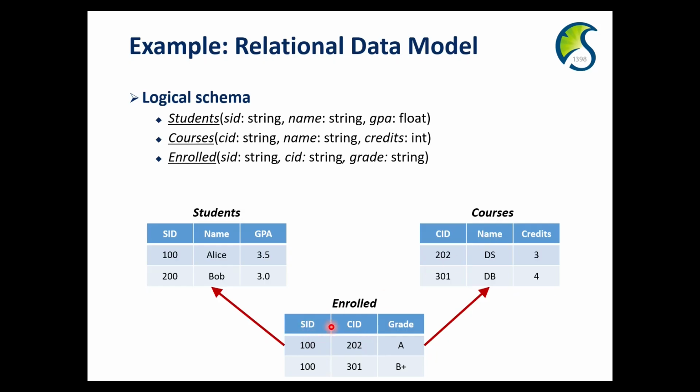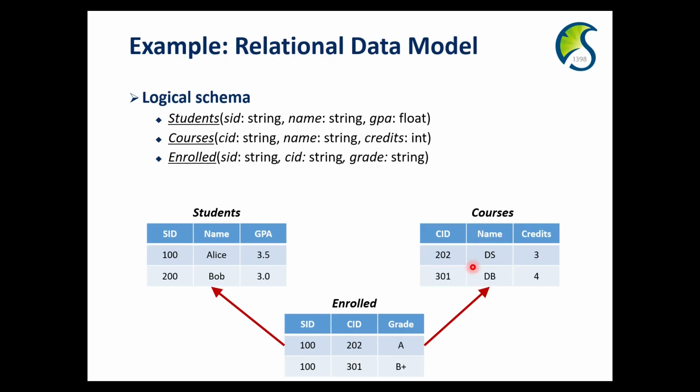Here, the SID in Enroll refers to SID in students, and CID in Enroll refers to CID in courses. To represent the references, we just use arrows. Okay, based on those arrows, we know that SID in Enroll is based on SID in students, and CID in Enroll is based on CID in courses.